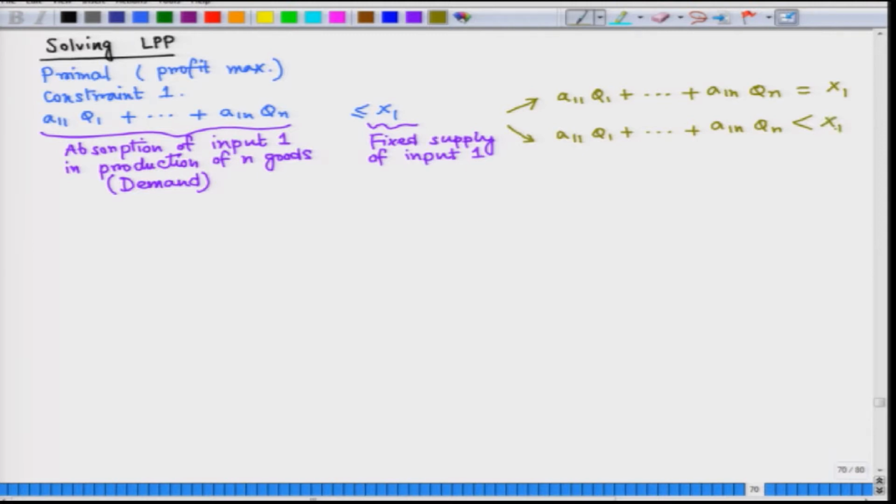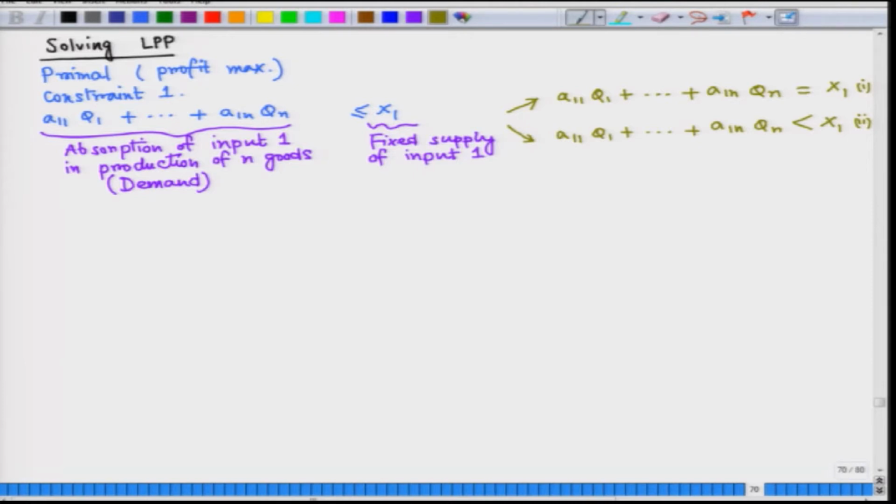In possibility number 1, there is no problem, we get a linear constraint which we would love to get. The problem emerges when we have possibility 2, where we have strict inequality.